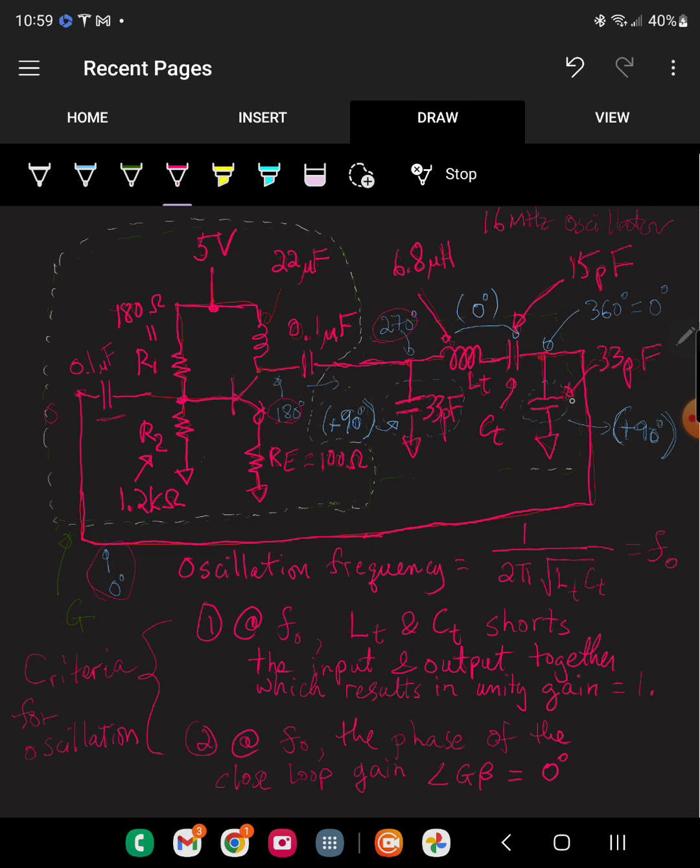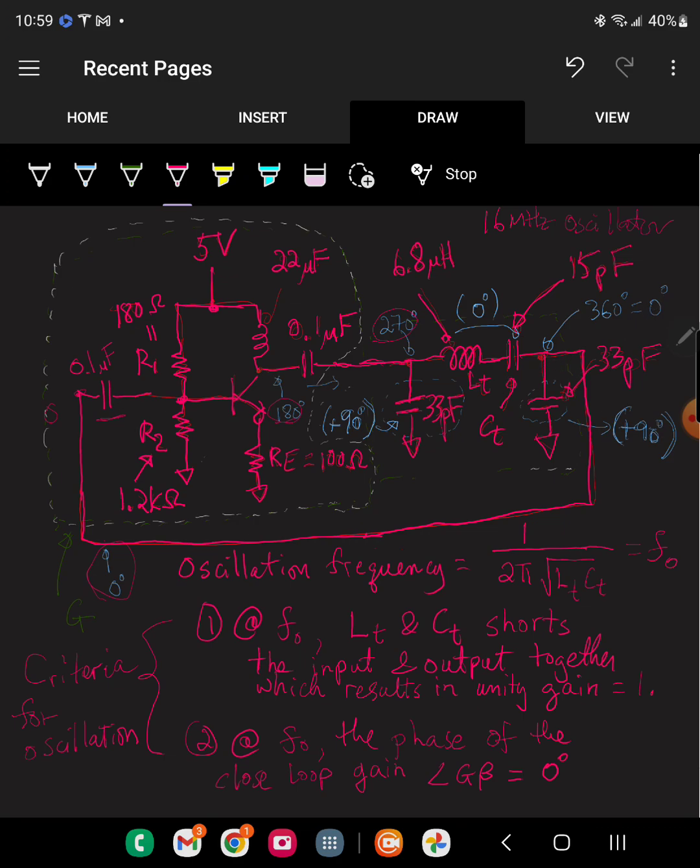And then you come to this another shunt cap here. Again, it will add 90 degrees to the signal. Since it is 270 degrees as it travels through here, it adds another 90. So now the phase becomes 360 degrees, which is also equal to 0 degrees.